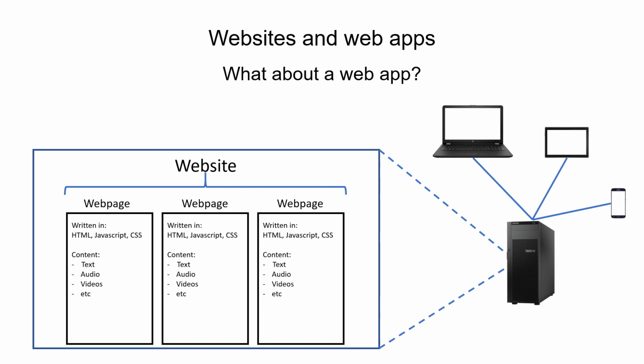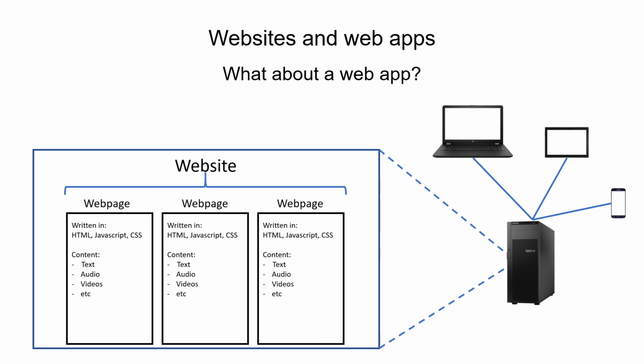A web app is in fact a website, but a website that is not simply showing content, but rather takes input from the user and responds accordingly. So though all web apps are websites, not all websites are considered web apps. If the website just contains pages that mainly show static content, then it's simply a website. If, however, there is interaction with the user, such as social media websites that take in input from users, such as when the user posts pictures or videos or simply posts updates, then it is a web application.